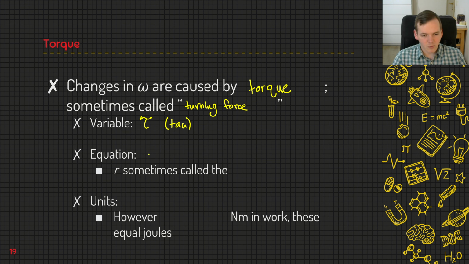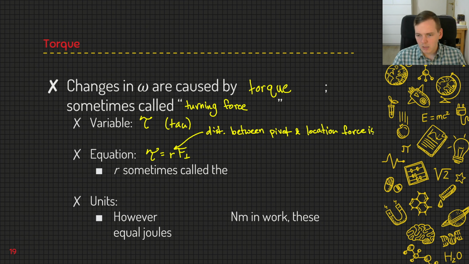And the equation for torque is tau is equal to r times F perpendicular. So r is the radius, or the distance between the pivot and the location the force is applied.